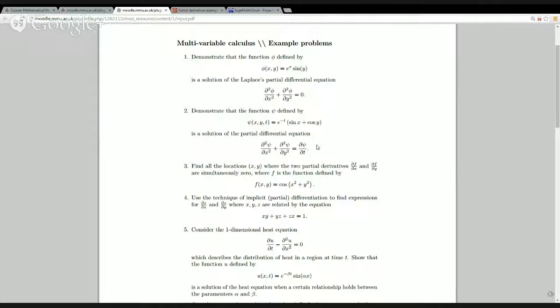Okay, so I'll give you a few minutes to get through the first couple, say, verifying that those given functions are solutions to those equations. Maybe question 3 as well, identifying the simultaneous zeros of the two partial derivatives.